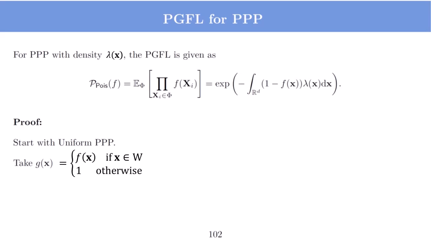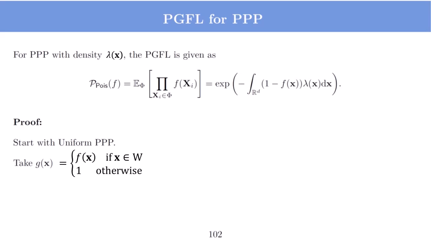We'll start with the uniform point process, and first we will only take points inside W. So I'm going to define a new function g(x), which is f(x) if x is in W, and otherwise it is 1. So all the other points which are outside this set W, their value is just 1.